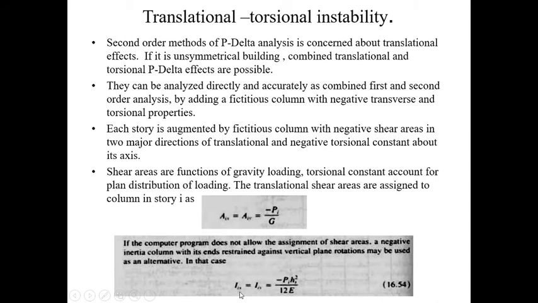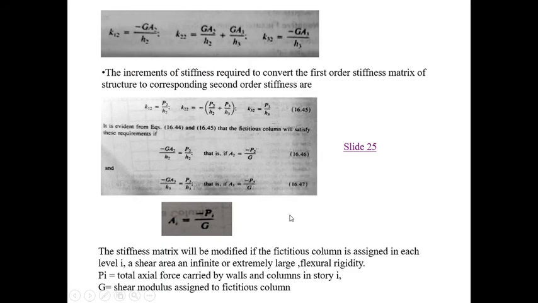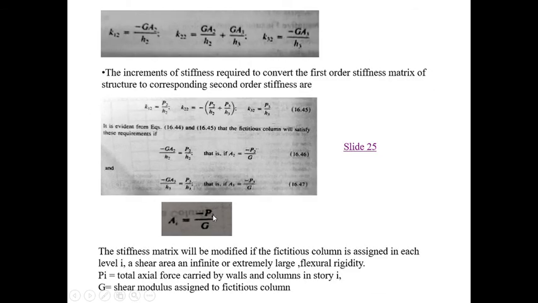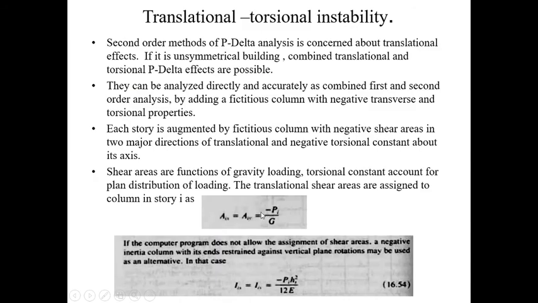So what is given here? The shear area of the i-th story in the X direction, and the shear area of the i-th story in the Y direction, is equal to minus Pi upon G. This we have seen in the previous when we considered the negative shear area column. So we get Ai is equal to minus Pi upon G. The same thing we apply here in the X and Y directions. Then, suppose the computer analysis does not allow the assignment of the shear area.